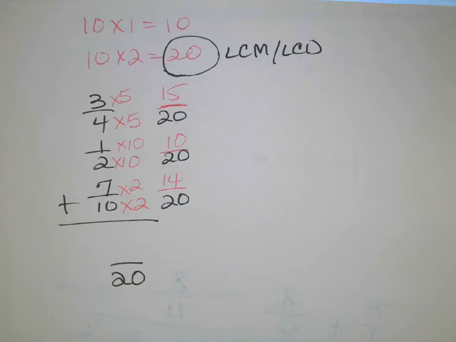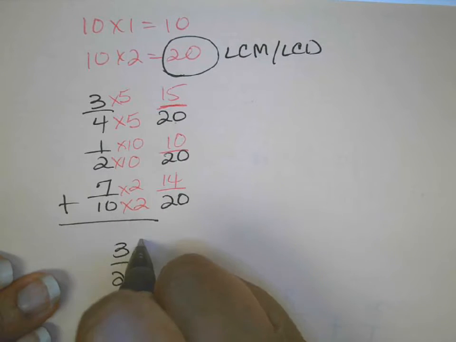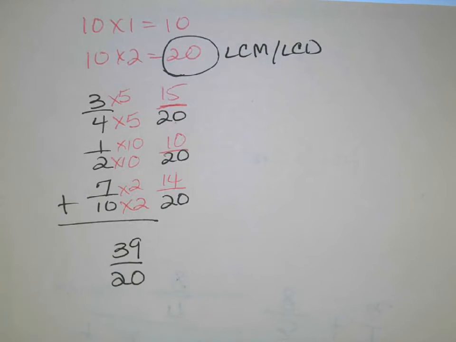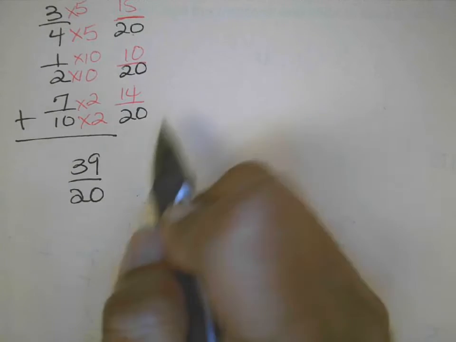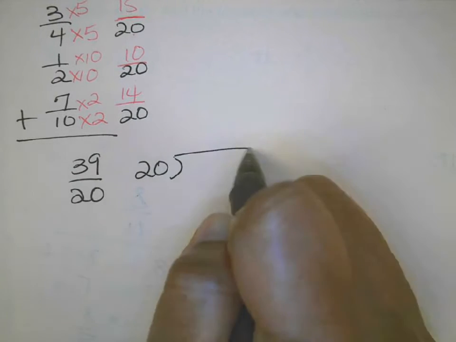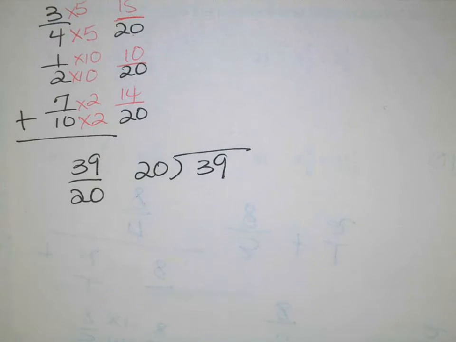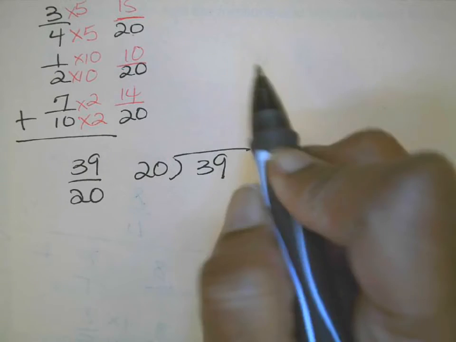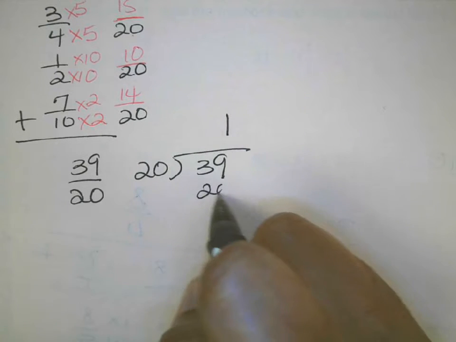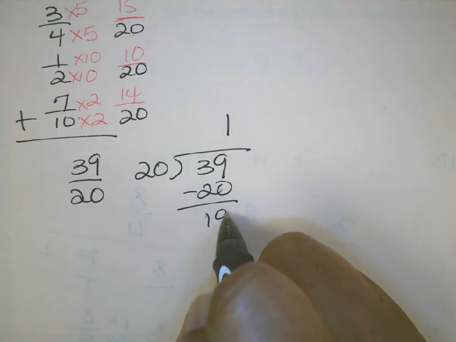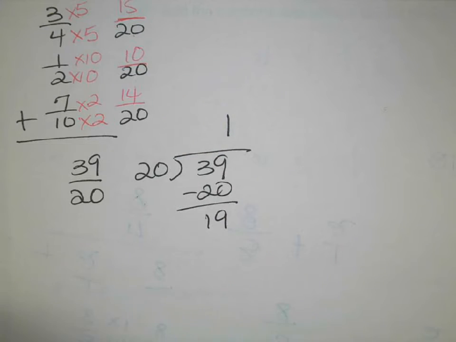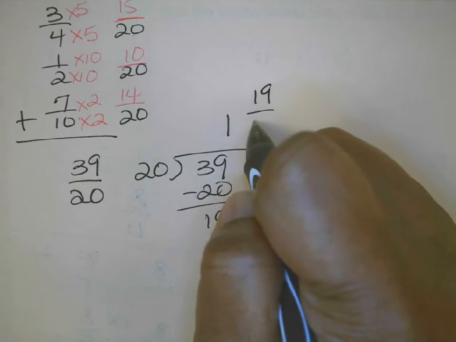I get 15 plus 10 plus 14. What is that going to be? 39. What kind of fraction is 39? It's improper, so you need to divide. 20 goes into 39 how many times without going over? One time. How much is left over? So I get 1 and 19 over 20.